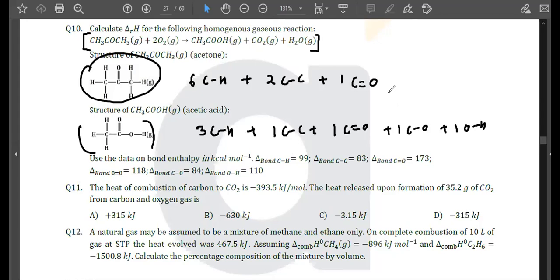Okay, right? So better to calculate for every reaction and use Hess law. That would be the best. Okay, got it everyone? Tell me, got it?